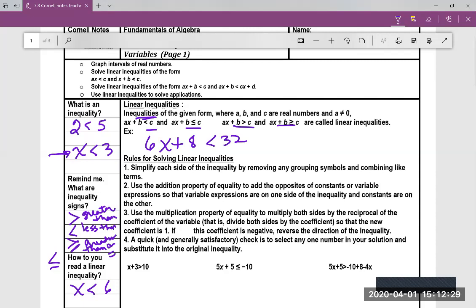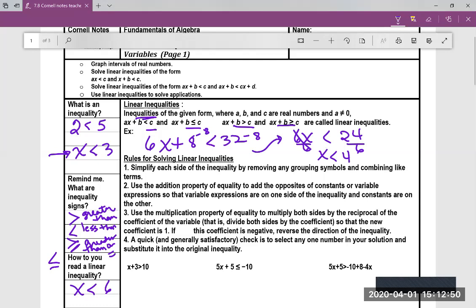To solve it, we would subtract 8 from both sides, then divide by 6. First, you start by subtracting 8 from both sides. Then you have 32 minus 8, which is 24. Then I'm going to divide both sides by 6. X is less than 4.